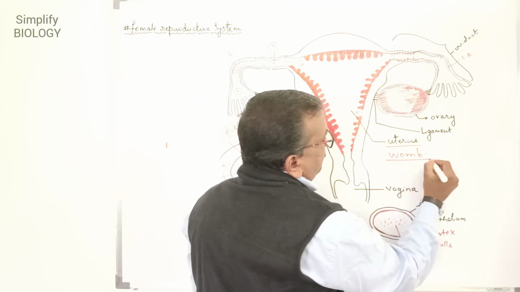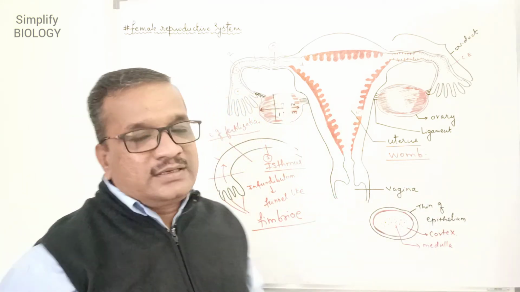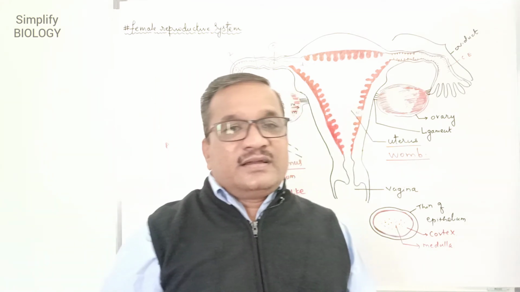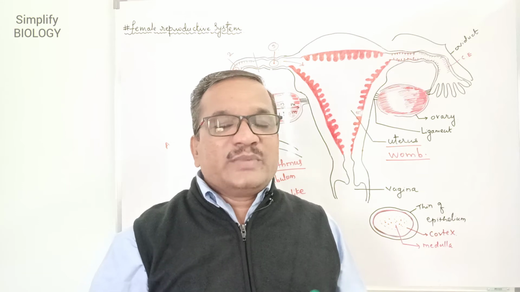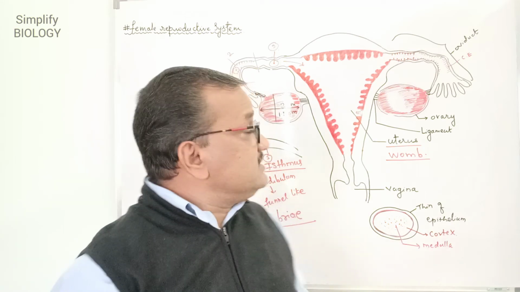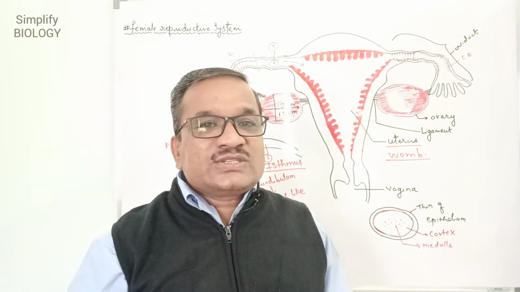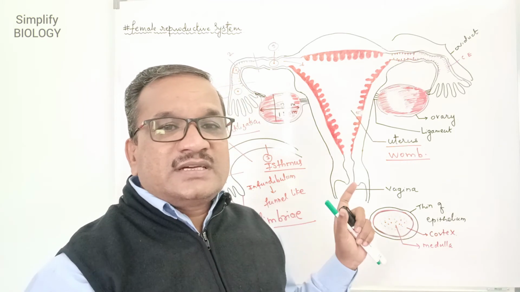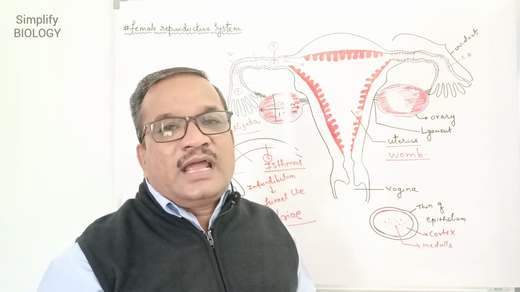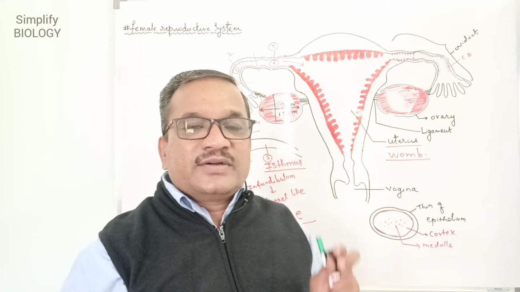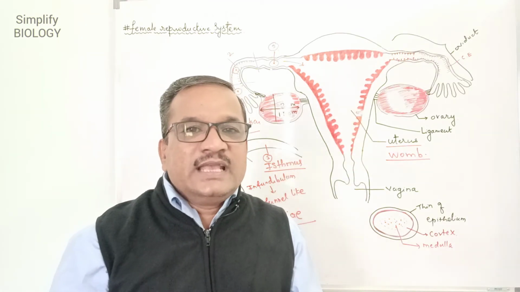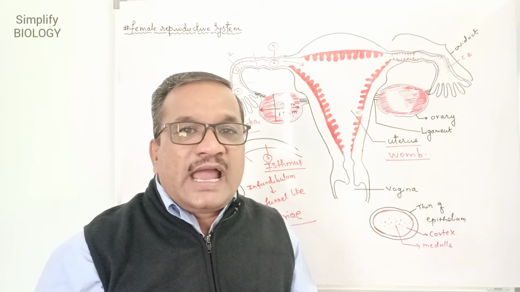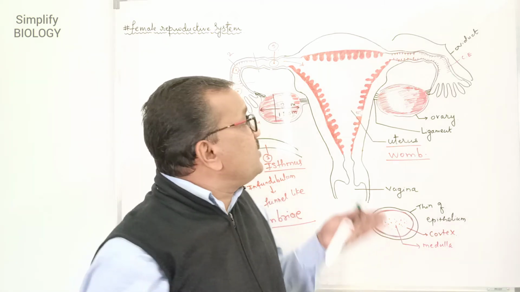Each and every human being has stayed in the womb of our mother for 9 months. This you have to keep in mind. This structure is hollow, and it is a muscular region. How is the structure? It is basically a hollow region, muscular, and pear shaped. How is the shape?